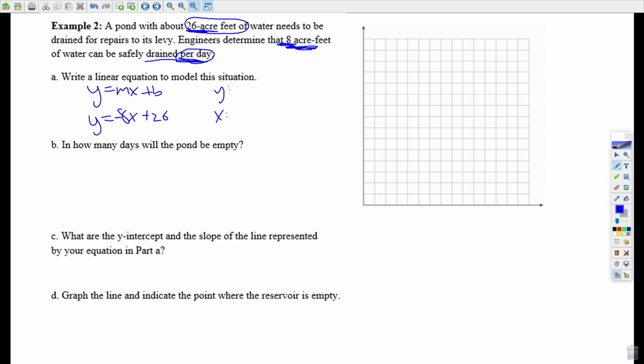I think x is going to be the number of days. I can at least label it on the axes before we graph this. Days. And the y would be, if we wait a certain number of days and we're draining this, the amount of water that's left, right? So how about total water?